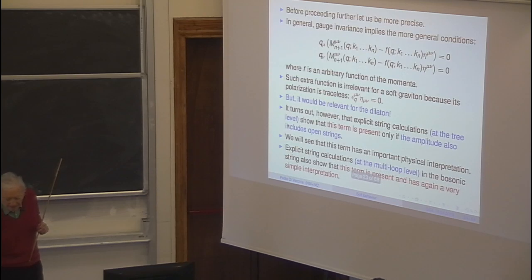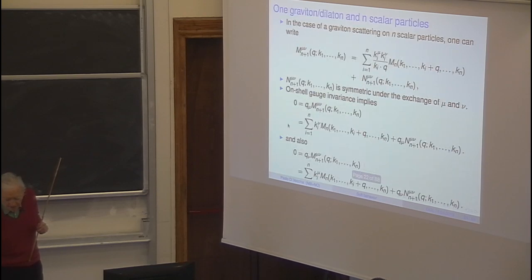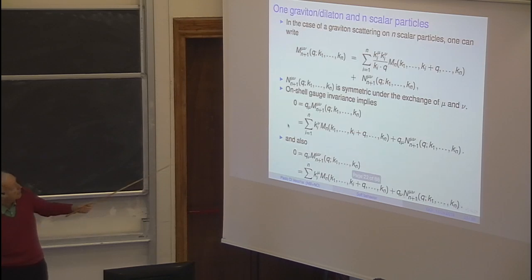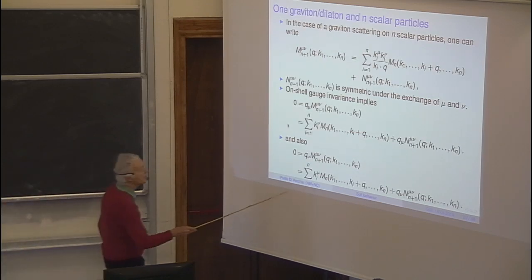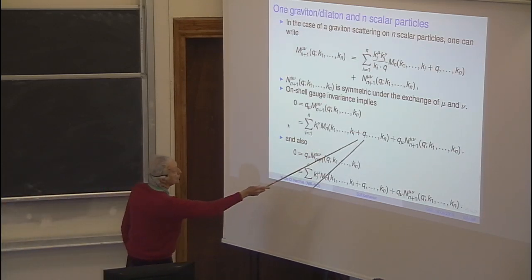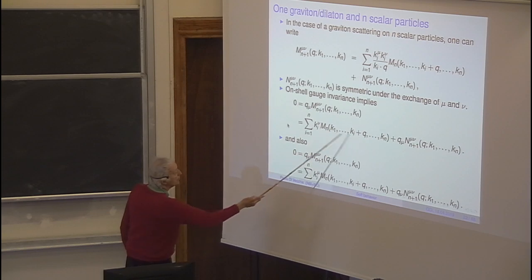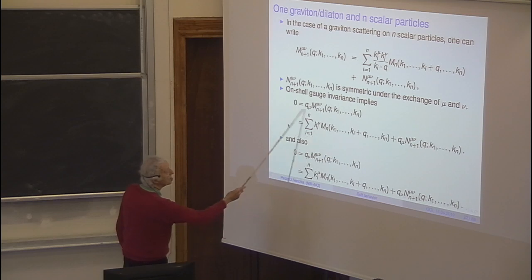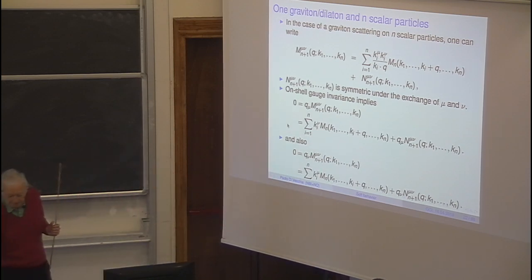Now let me go back to the gauge invariance equation, and if I expand this equation, the term with q equals 0 is 0 if you have momentum conservation.